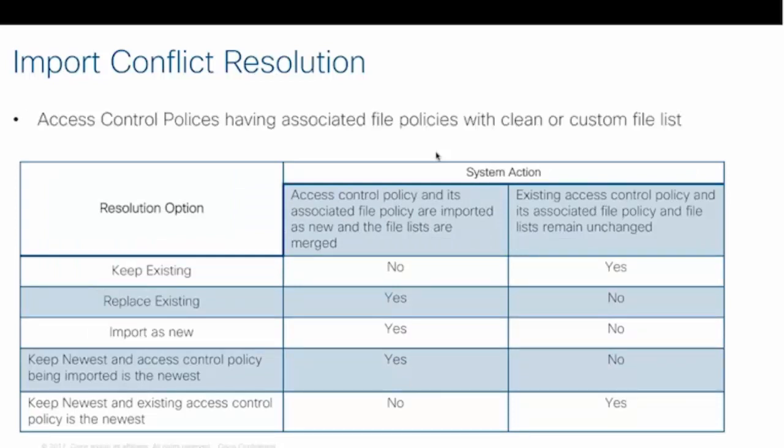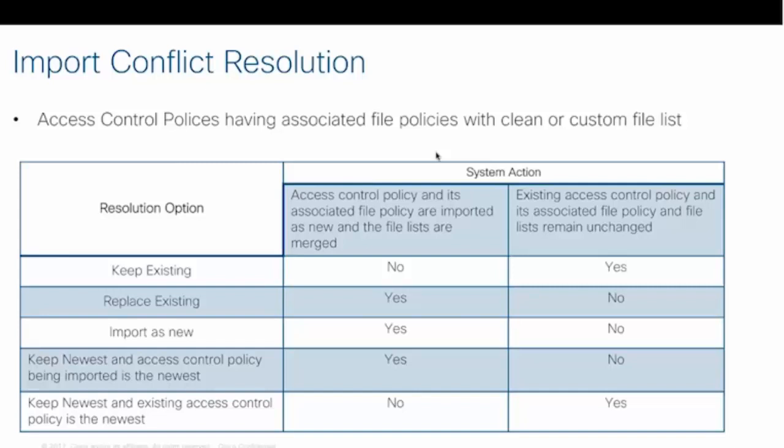If the access control policy we are trying to import contains any associated file policy, and if the file policy is using any clean or custom file list, then the options presented to us in the import conflict resolution page will be similar to what we have seen before, but the actions taken would be a little different.